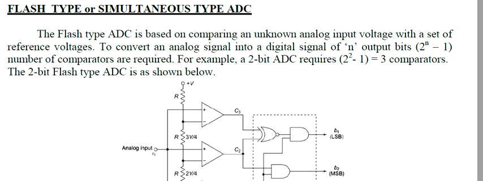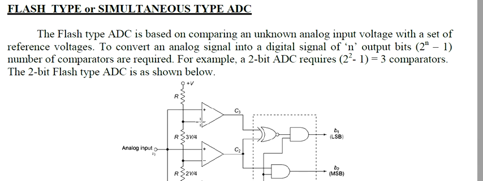So here the input voltage Vi is compared with 3 reference voltages, that is V by 4, 2V by 4 and 3V by 4. The reference voltage for comparator 1 is V by 4, for comparator 2 is 2V by 4, and for comparator 3 is 3V by 4.